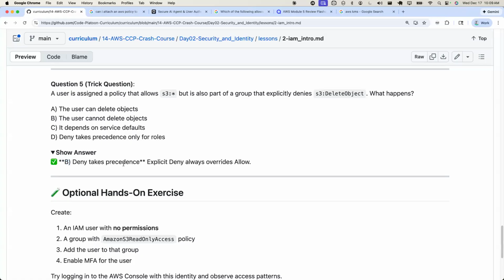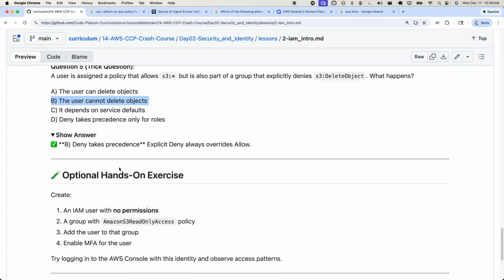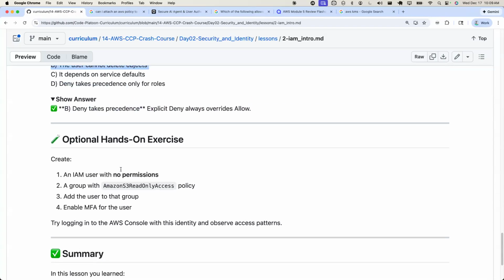I think when we wrote this, we just didn't put the exact answer wording in here, and it's confusing because we have the same language here. But I'm looking at this explanation, explicit deny always overrides allow. That tells me, yeah, so you were correct. For a second, I thought it was saying I was wrong. All right, good deal.